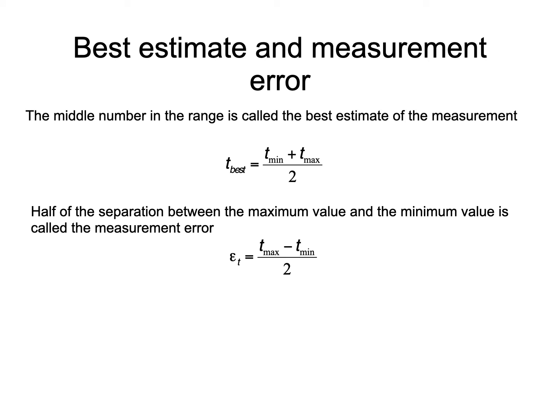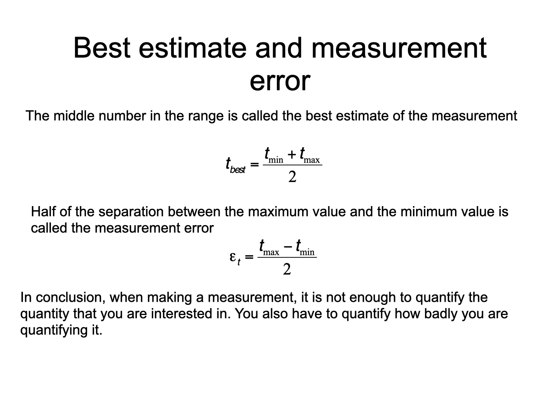In summary, making a measurement is not only establishing an approximate value for a quantity, the T best, but it is also quantifying how badly we're quantifying it by estimating a measurement error. I want to add that there are in general more factors influencing the measurement error than the ability of the instrument to display a number, but we will ignore those at this stage and in this course.